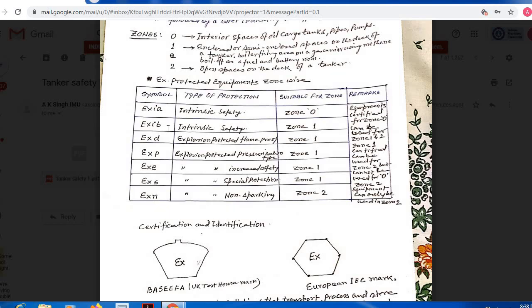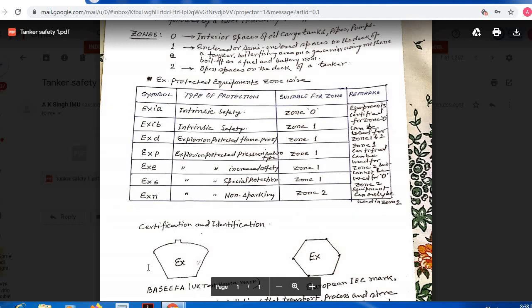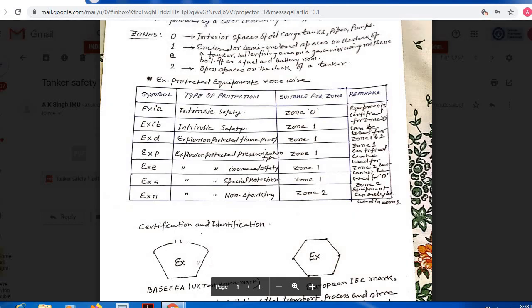One is the UK Test House, and this is its emblem. Then the other is the European standard. This is its emblem, and it represents the European standard IEC mark. IEC is the International Electrotechnical Commission. So these are the two.